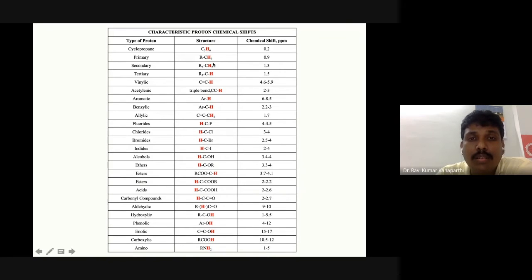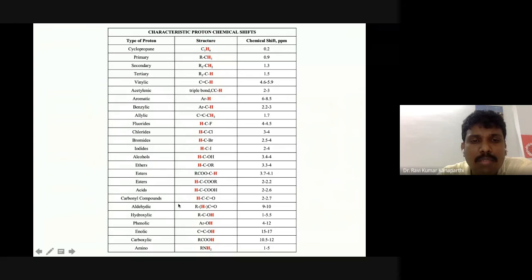Secondary, we have a methylene group; the CH2 proton is referred to as a methylene proton, and it is generally at 1.3. A tertiary carbon proton, which is the methine proton, will be seen at 1.5. The vinylic proton, that is the alkene proton, will be seen in this region.